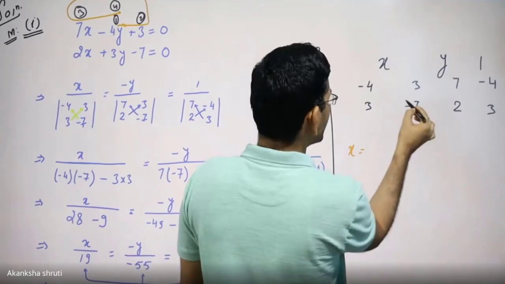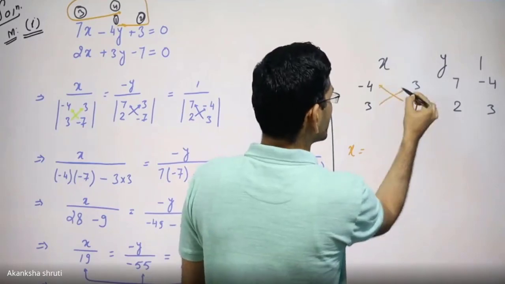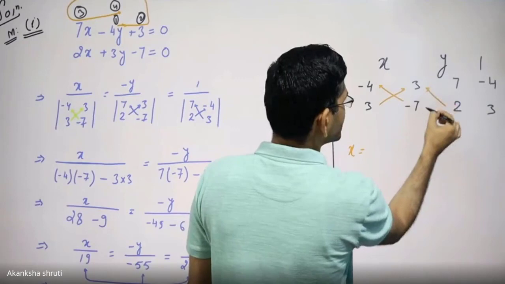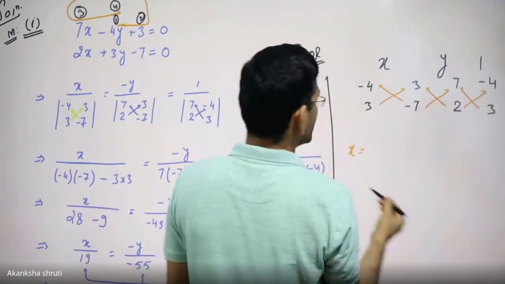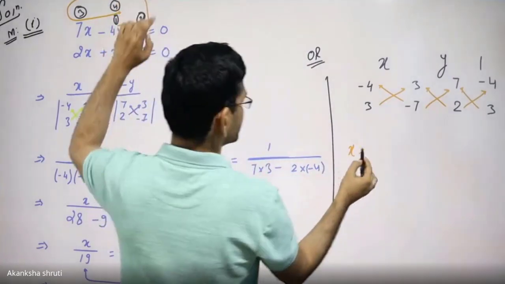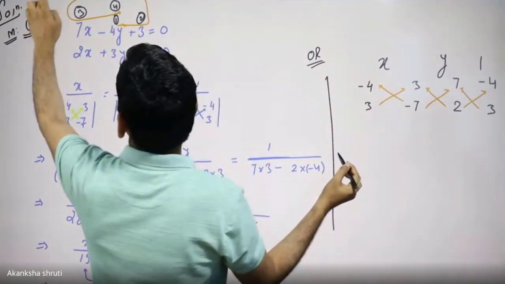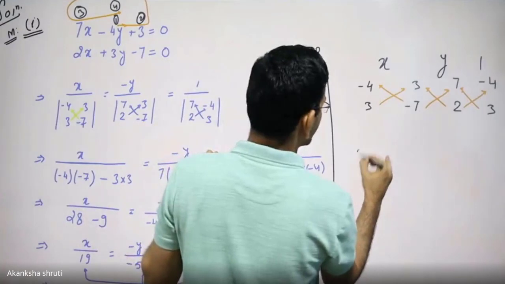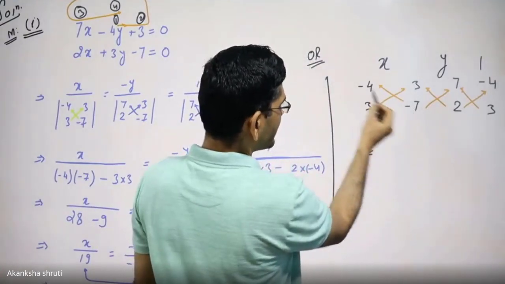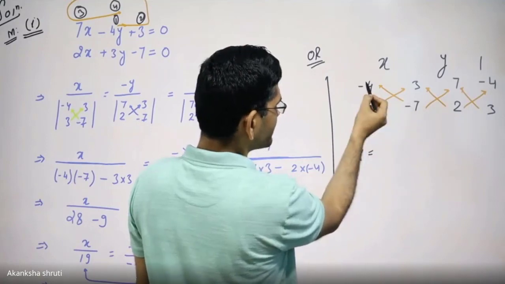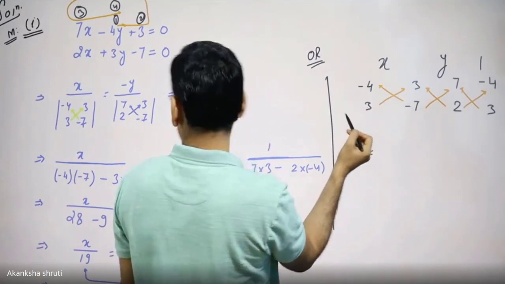For this x, go left, right, left, right, left upward, right upward. So for this x, we can find by multiplying this left upward, means -7 minus 4.